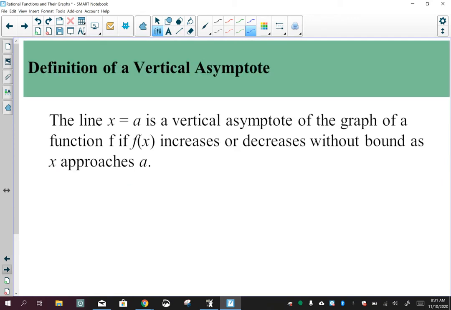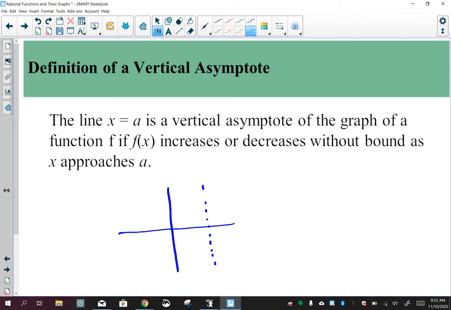So we have what's called vertical asymptotes. When you're looking at these graphs and these formulas, you're going to wind up having either asymptotes or holes. A vertical asymptote is what you approach at that number that doesn't exist.